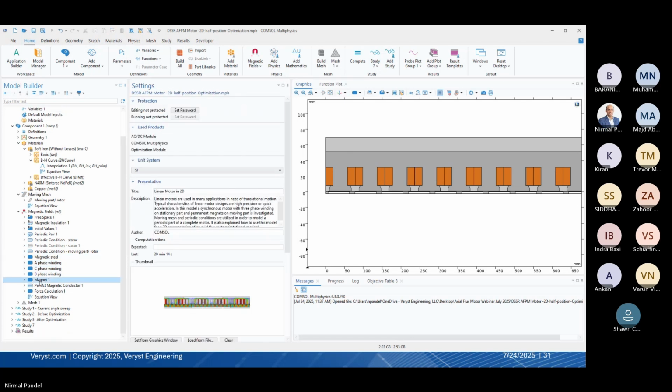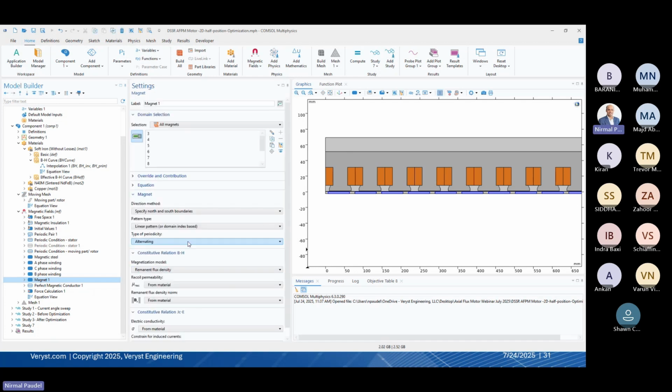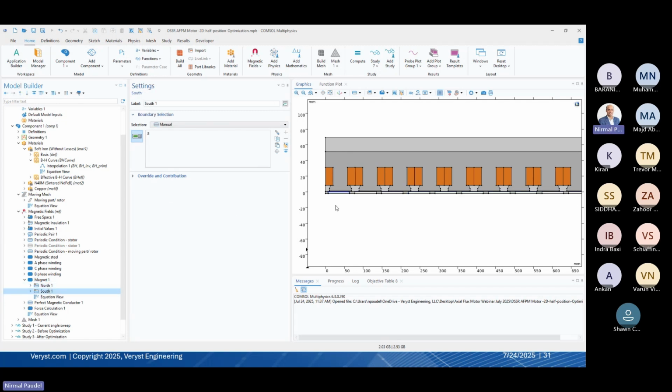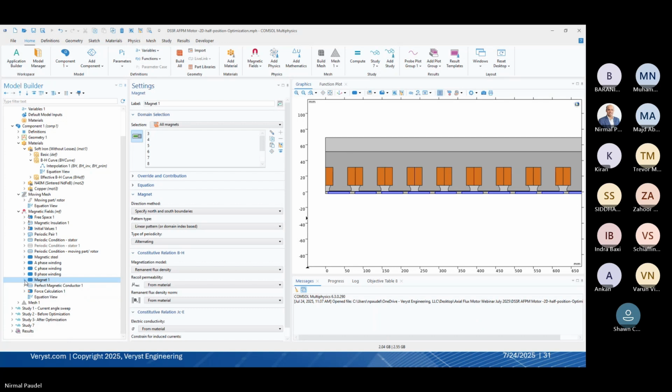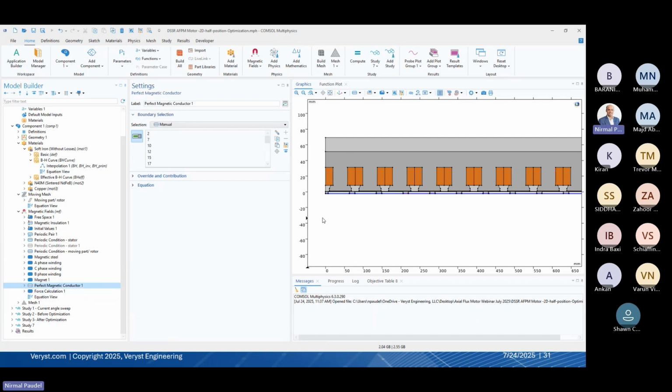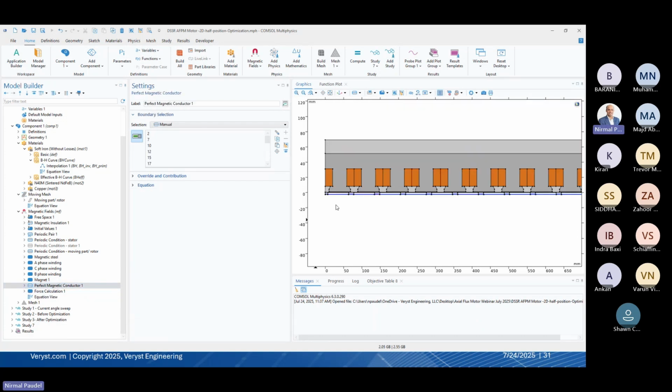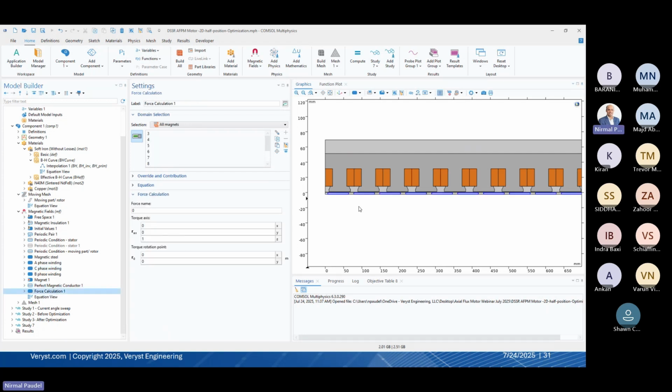Then on the magnet side, it is a linear pattern with north and south, so it's kind of repeating over. And then we apply a perfect conductor, which is a symmetry on the bottom. And then the force calculations.